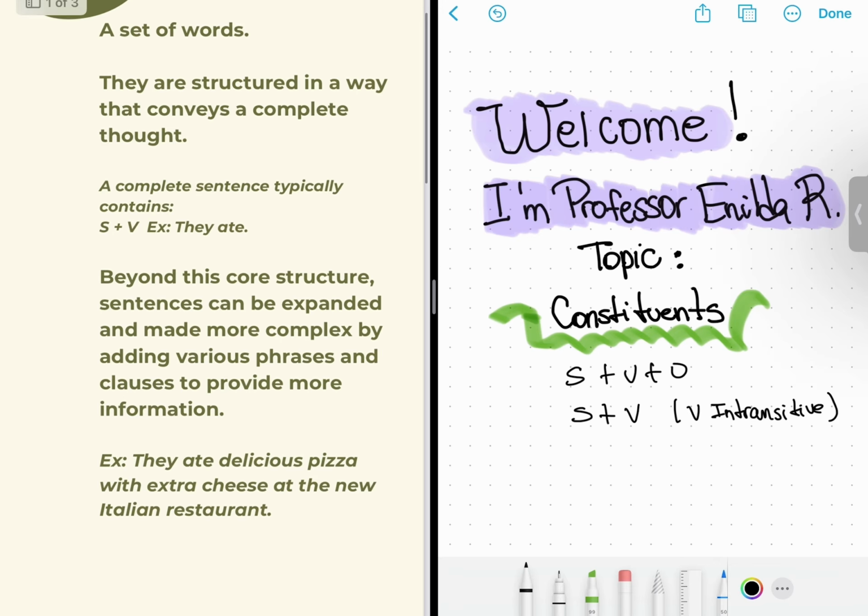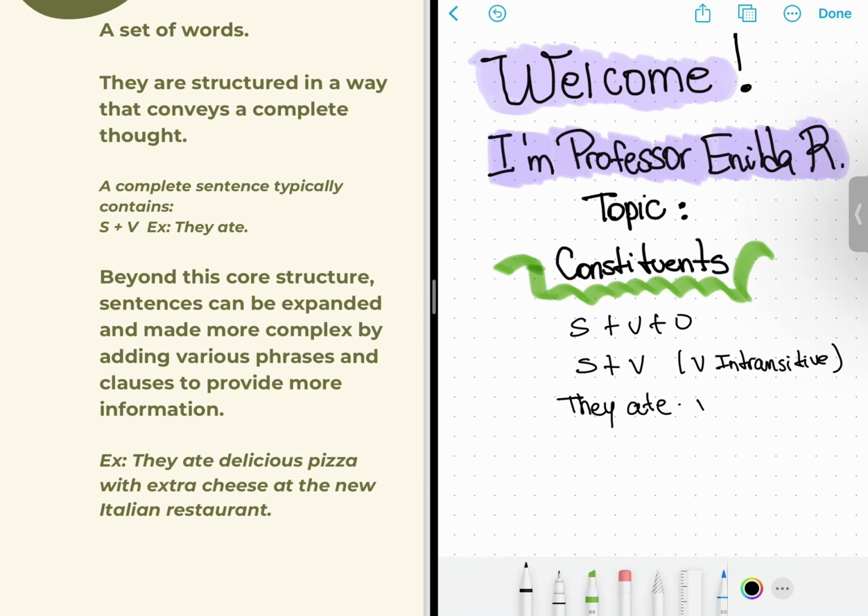But in some other cases, we have slightly longer sentences. For example, the second one says: They ate delicious pizza with extra cheese at the new Italian restaurant. So we add to the first sentence, They ate, a little more information. Beyond this core structure, sentences can be expanded and made more complex by adding different phrases and clauses to provide more information.